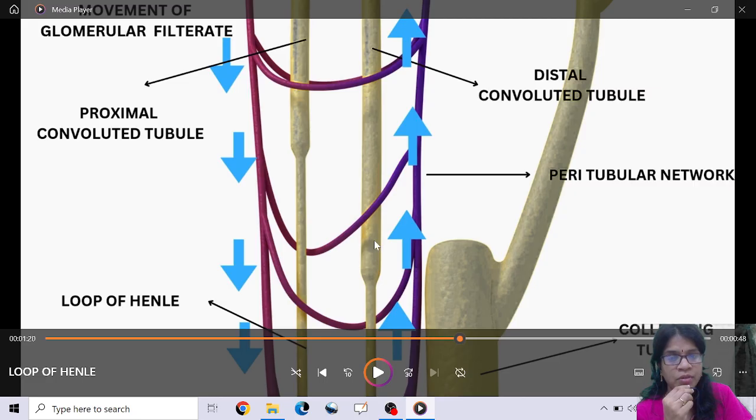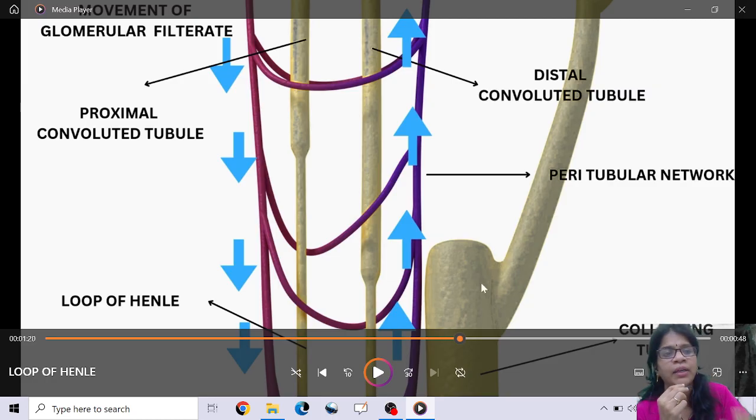After that it enters the distal convoluted tubule, and when it comes out of the distal convoluted tubule, there is reabsorption of water again, making it more and more concentrated. By the time it reaches the collecting tubule, you have urine which is hypertonic, devoid of all the nutrients, and only has the most concentrated nitrogenous wastes, ammonia and uric acid.